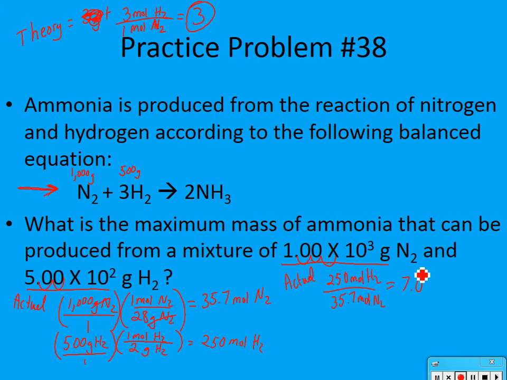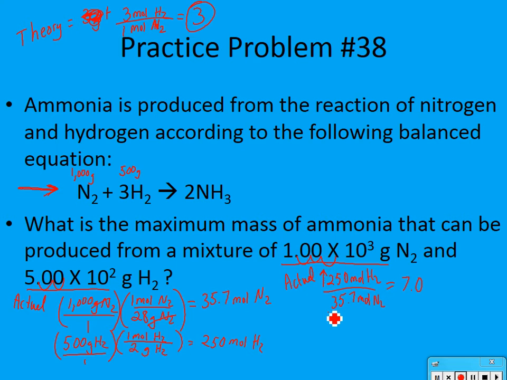So how do we figure out which one is the limiting reactant? What's making this number too big? Let me ask you again. If this number on top goes up, what happens over here? It goes up. So I've got plenty of hydrogen. Which one do I not have enough of? The nitrogen.